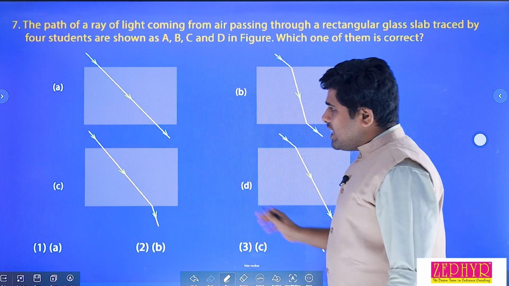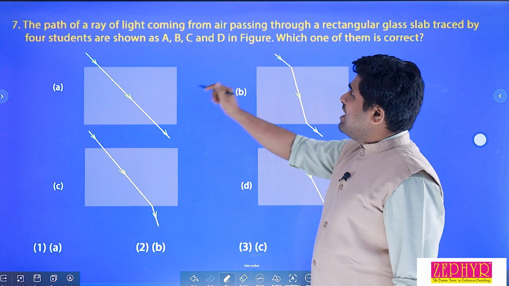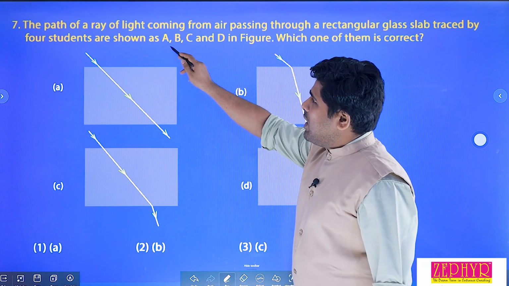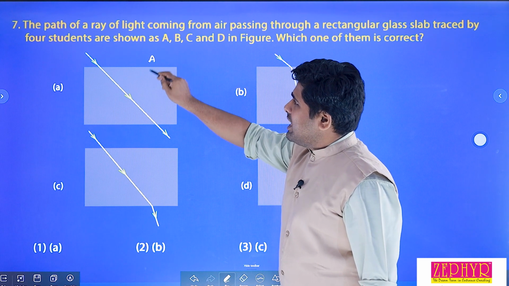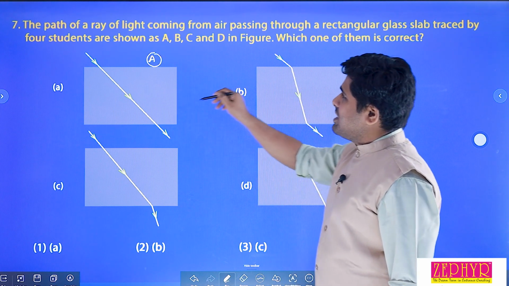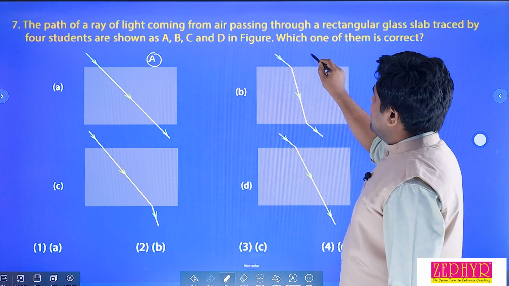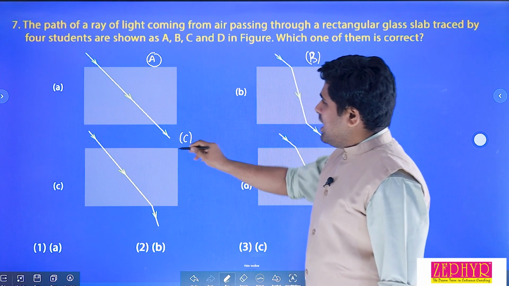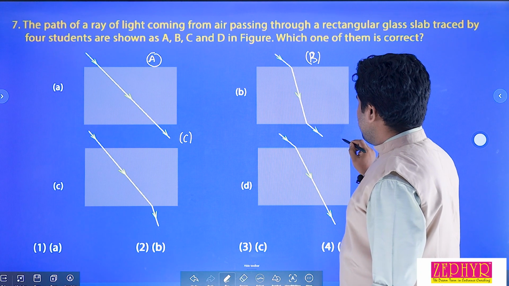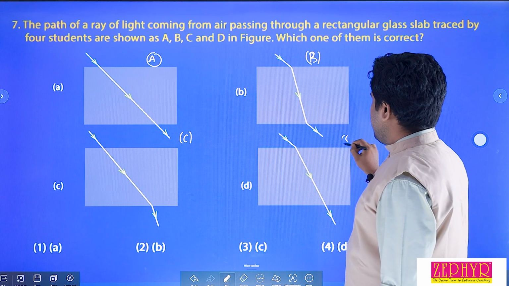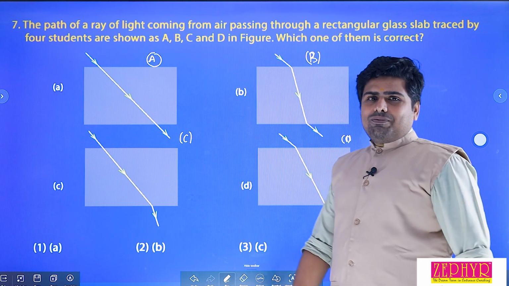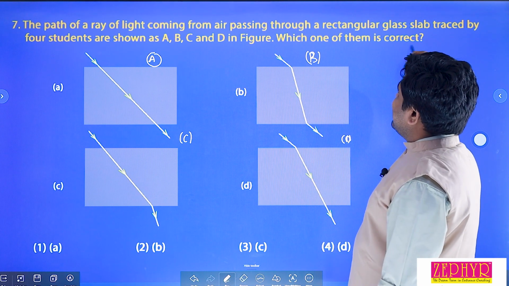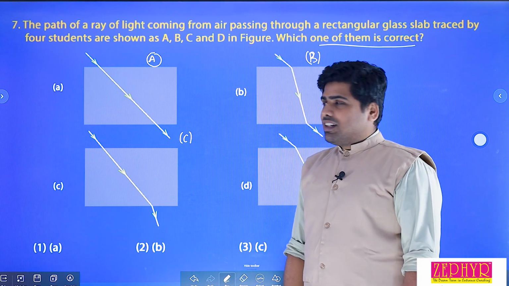See, there are 4 figures related to the 4 students. This one is student A's image. This one is by B. This one by student C. This one by student D. Okay. See here, which one of them is correct? That is the question.